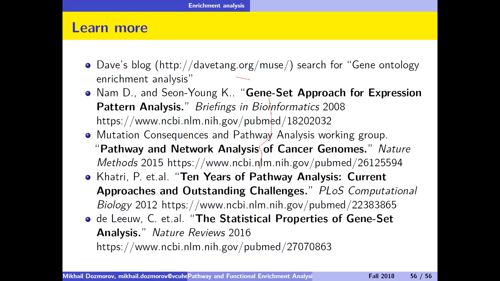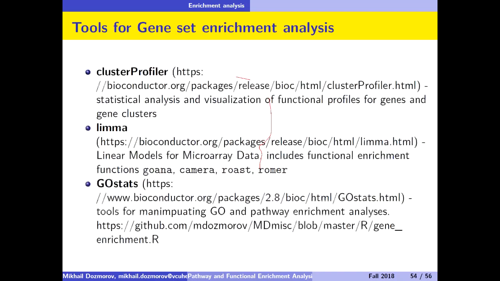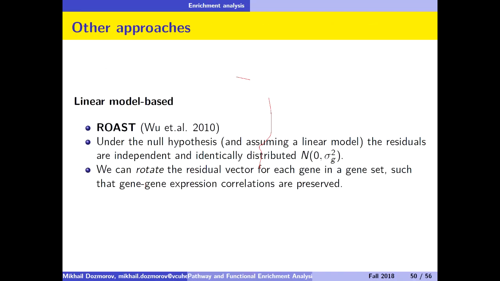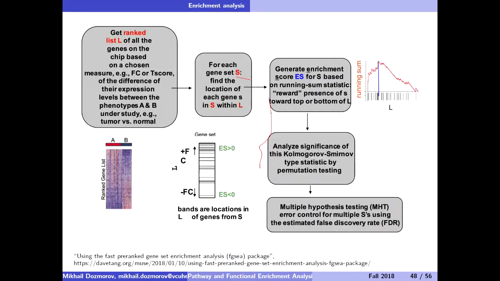For the GSEA analysis with the ranking of the genes, does it have to be by fold change, or can you rank them any way you want? It's a very good question. The question is about how we rank genes when we perform gene set enrichment analysis. We generally rank by fold change, so you get up-regulated genes on top and down-regulated genes on the bottom.